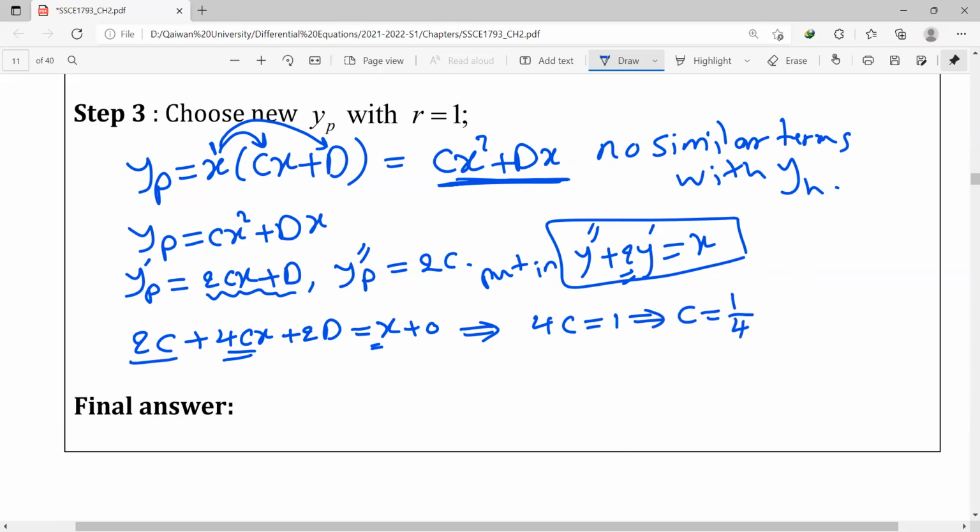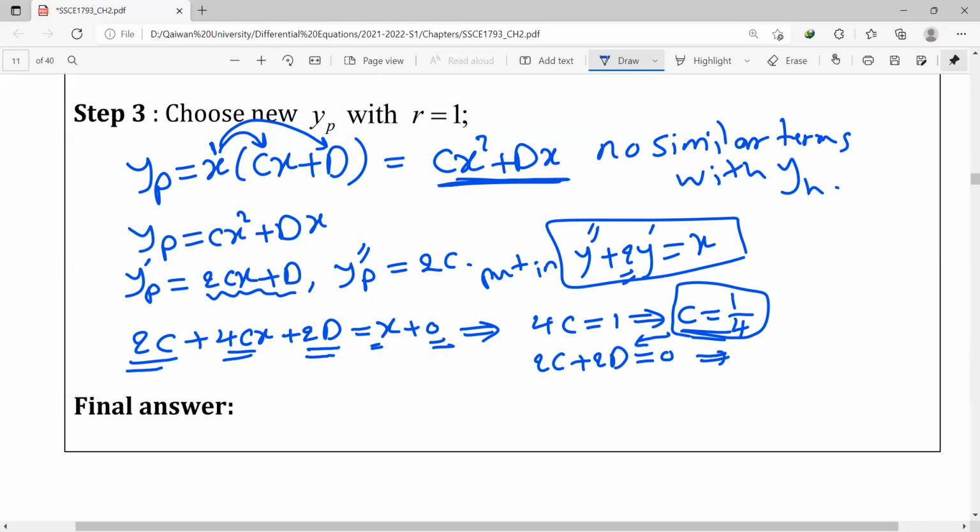And also we have 2c plus 2d equals 0, because these are constant terms. We have no x in these terms. That means both sides must be equal. We say 2c plus 2d equals 0. We found c to be 1/4. So if you replace c by 1/4, what do we get?